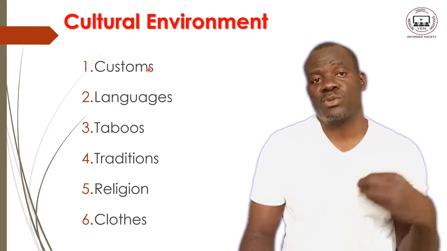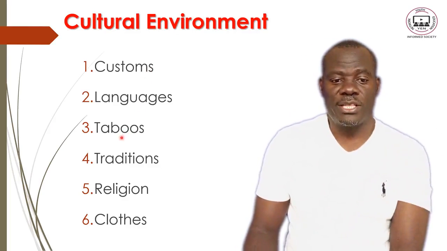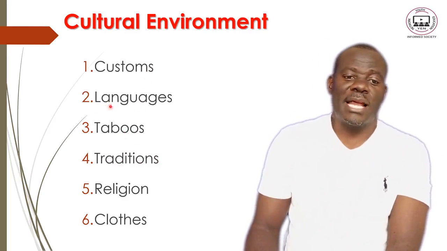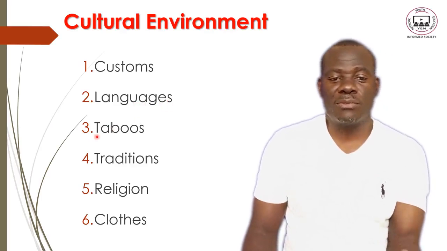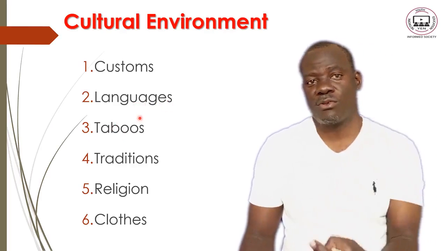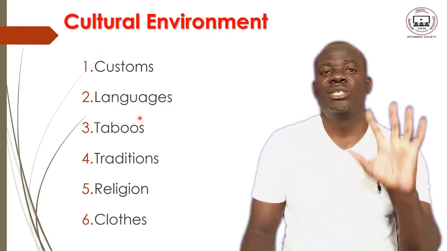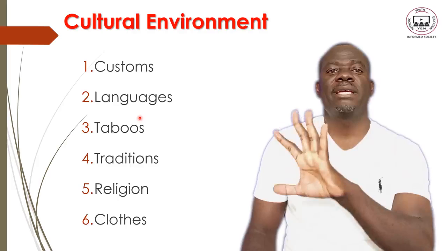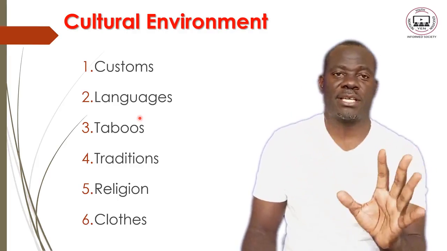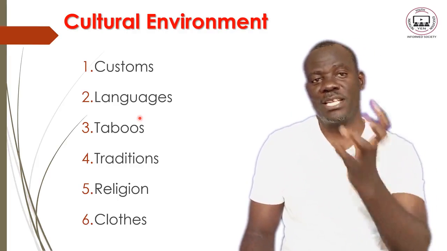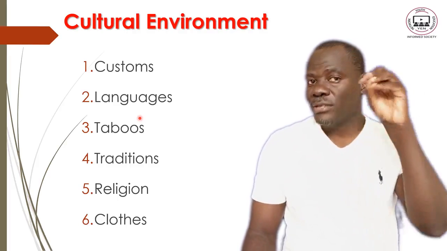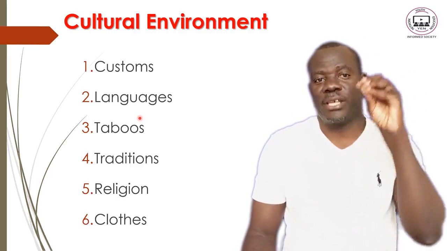So they are the customs. What are the traditions as well? The traditions that people do. Language, the taboos. Taboos are the don'ts of a society. The things that when you do, it is regarded that you have made a very big mistake. So what are the things that are forbidden in your area? Those things are the cultural environment.